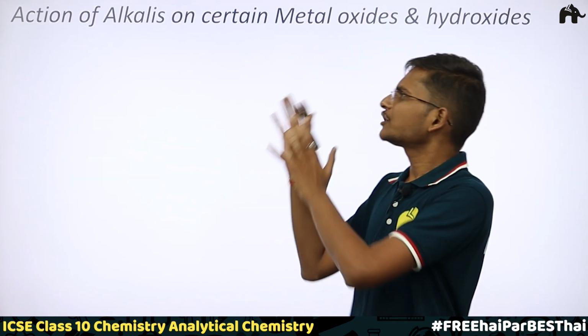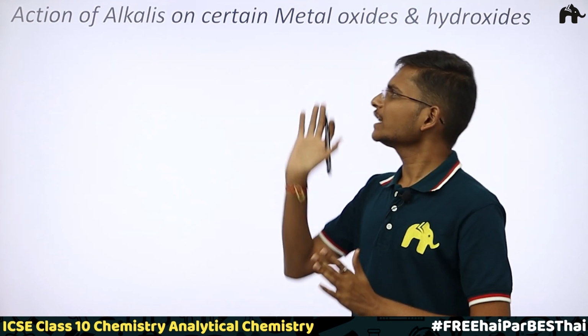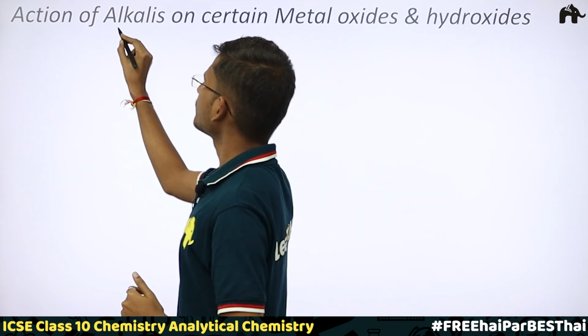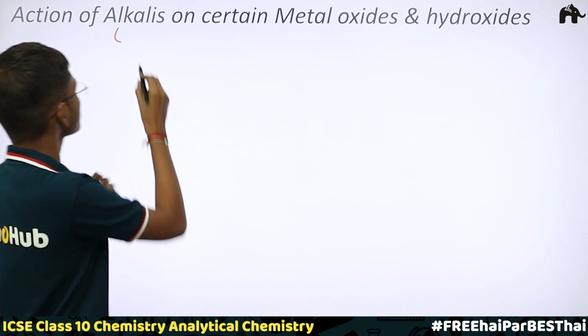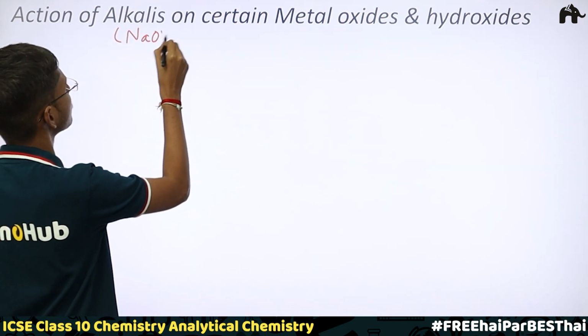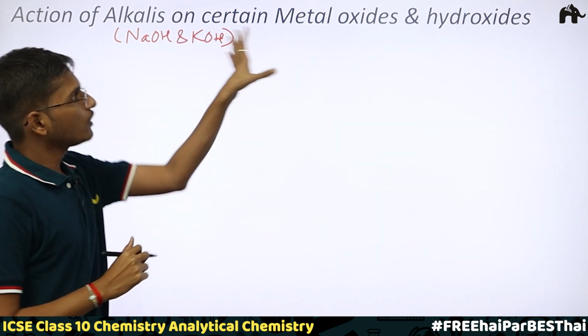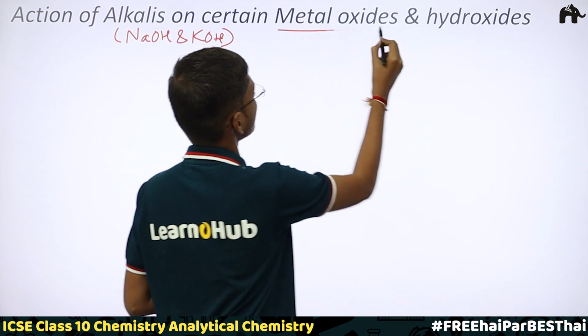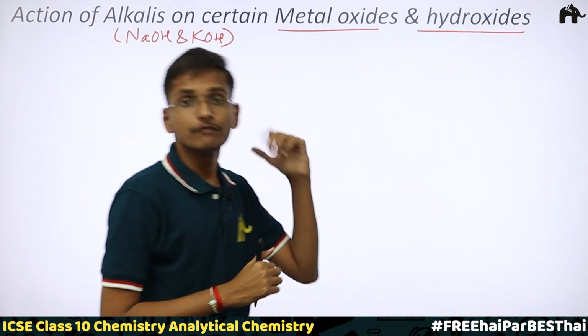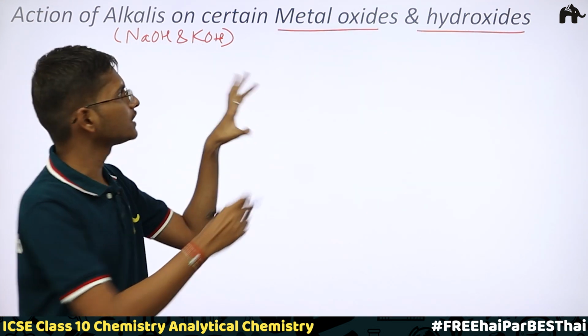So moving ahead to the last topic of this chapter, action of alkalis. Which alkalis are we talking about here? NaOH and KOH, on certain metal oxides and metal hydroxides. Which metal oxides and which metal hydroxides are we talking about?